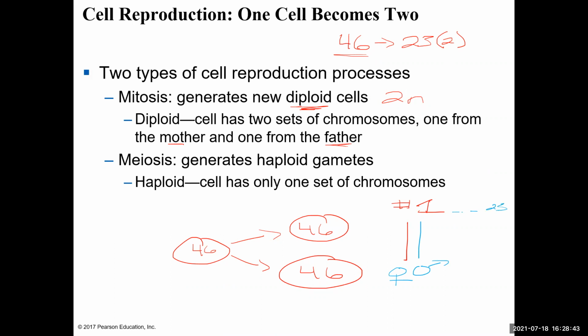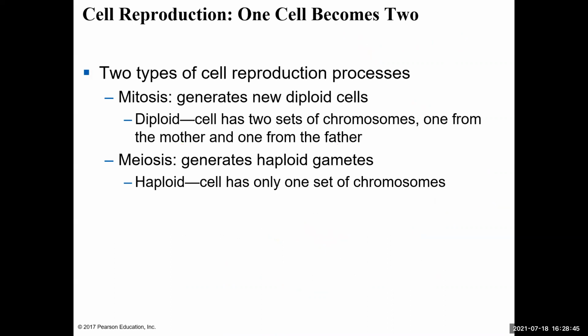Now for meiosis, this cellular division process generates haploid gametes. Remember, this is only in the gametic cells, for example sperm and eggs, and those cells are haploid.